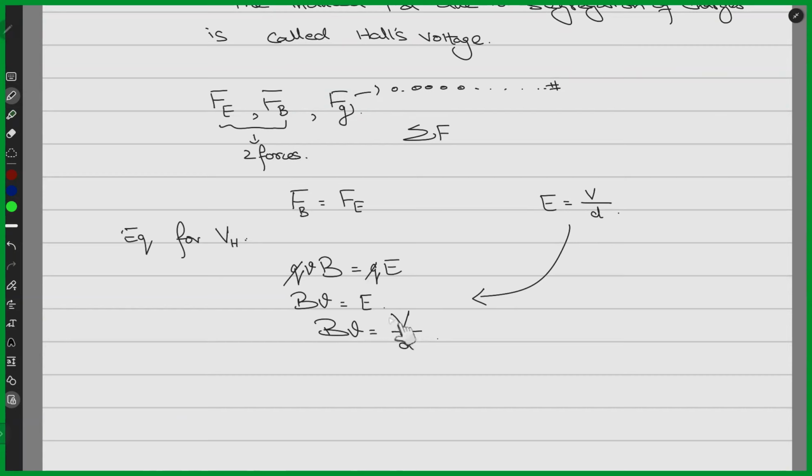Again, let's eliminate that misunderstanding right away. Let's call this V Hall's voltage, because we know that the potential difference being induced is coming from the Hall effect, and so it is just the Hall's voltage.